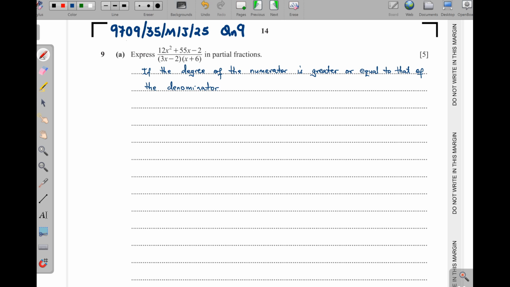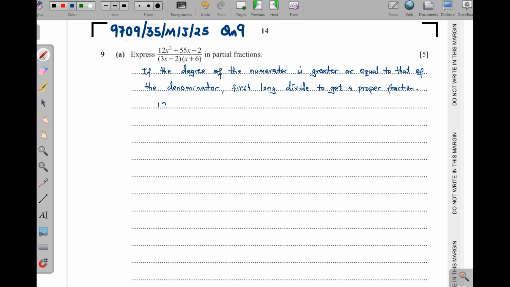If it is equal to that of the denominator, first long divide to get a proper fraction. Okay, so that is that.